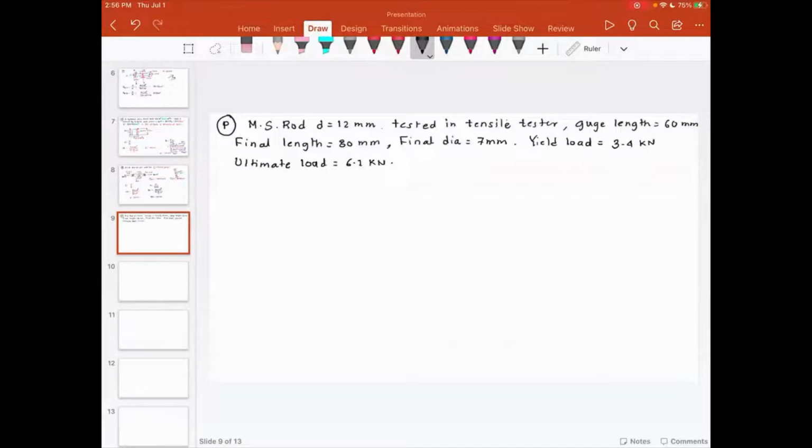It's 6.1 kilonewton. So with this information, we have to find yield stress, ultimate stress, and actually we can find out the Poisson's ratio as well.